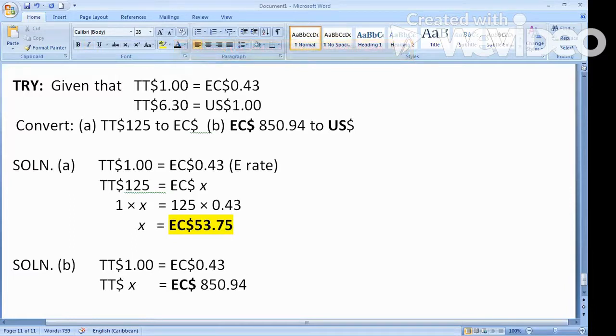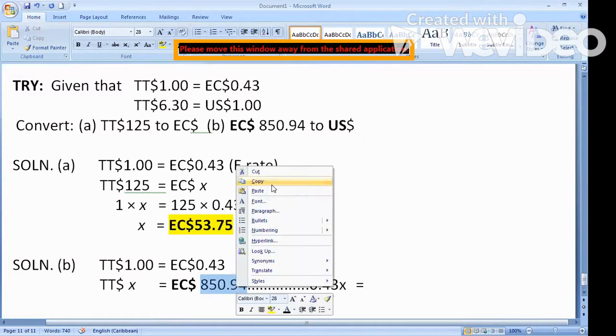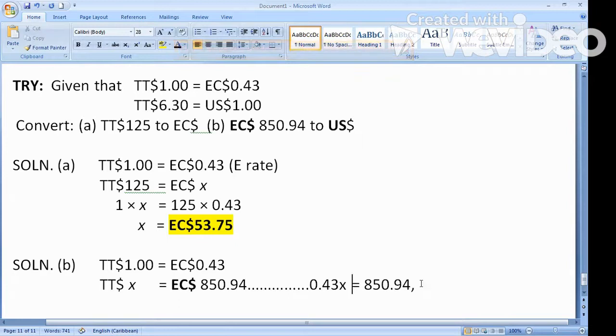I'm going to skip some steps. You're going to get 0.43x equals 1 times 850.94, which gives you back the same thing. And then what I do, I just divide 850 by 0.43.